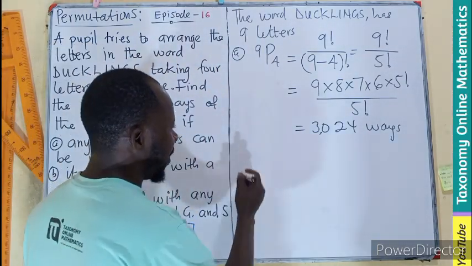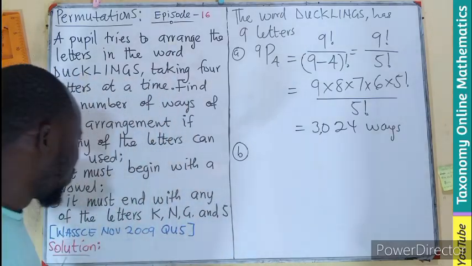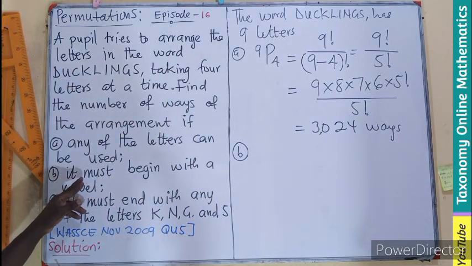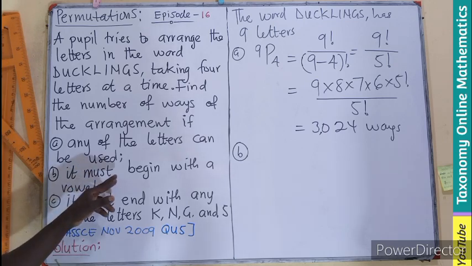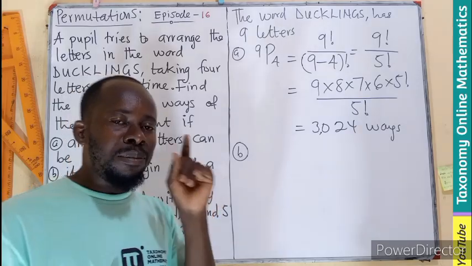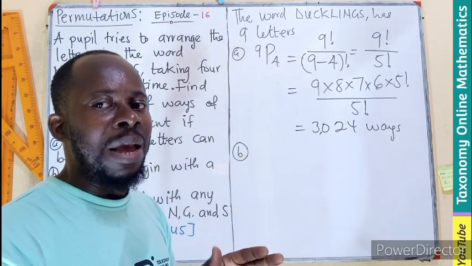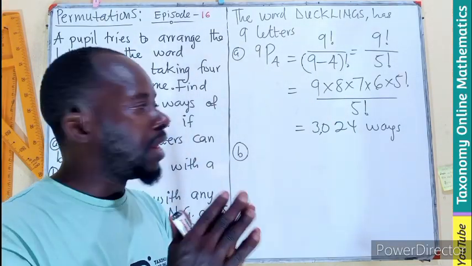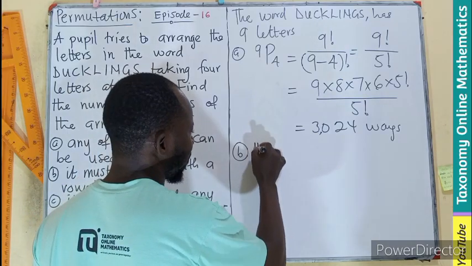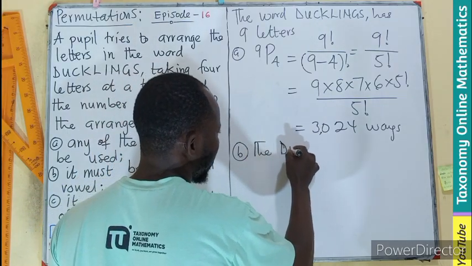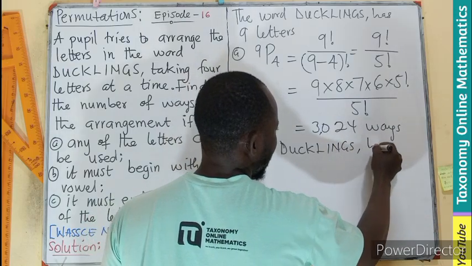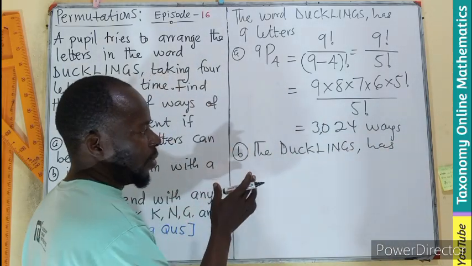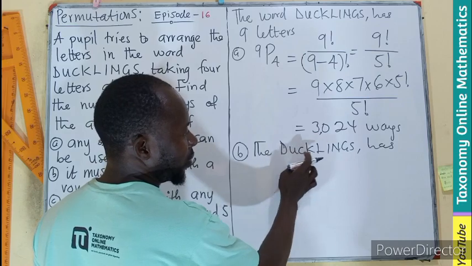All right, let's see the second part. In this case, we are still going to select 4 of them, but it must begin with a vowel, which means the first position is being described. We cannot have a consonant in the beginning. So how many vowels are here? 1, 2.